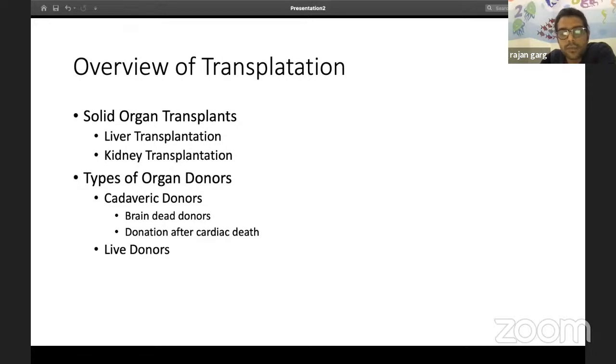Sometimes it takes a minimum of 7 days, and sometimes when there is an acute liver failure patient who has a fulminant liver failure, the patient needs an emergency transplant. The workup is usually done in 2 days, and that is done at a very fast pace.